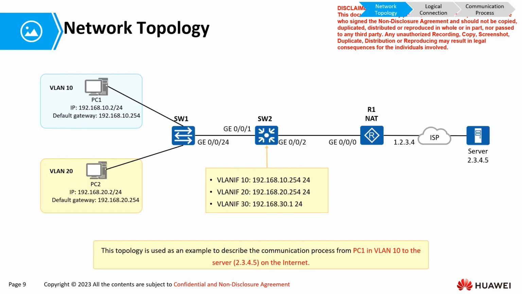So this is basically the topology here. You have VLAN 10, 20, and also 30. This topology example describes communication from PC1 in VLAN 10 to the server.